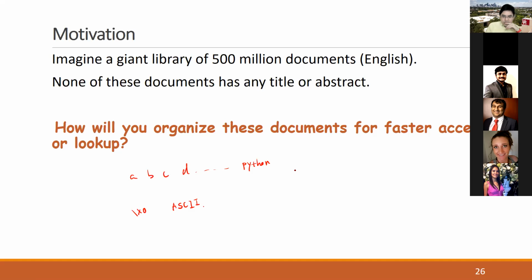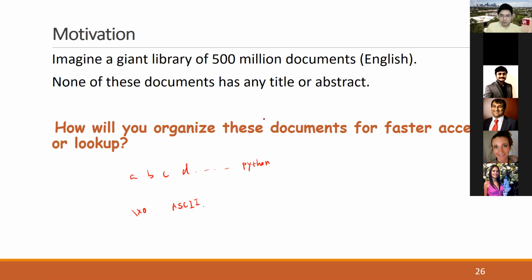So the problems are harder to deal with, like this one. If you have a giant library of documents and there's no title and abstract, you do see all the contents, but each article is long, 10 pages or so.